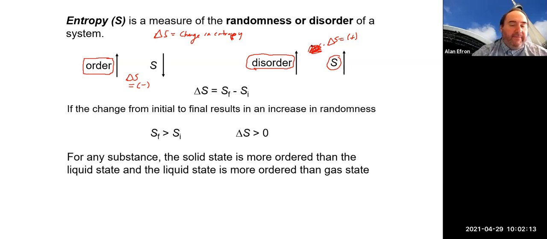But here, if we increase the disorder, we're making a more positive delta S value, versus a negative delta S, where we're creating a lot more order.